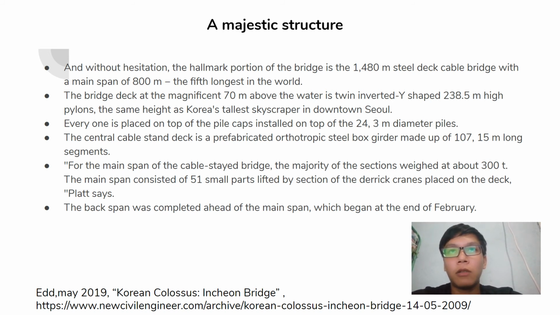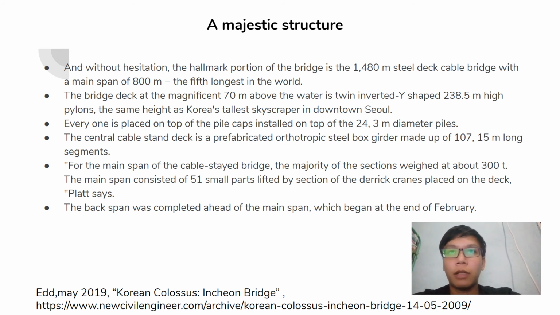Each pylon sits on a pile cap installed on top of the 2.4 meter diameter piles, and then the central cable-stayed span is a prefabricated orthotropic steel box girder made up of 100.15 meter long segments.